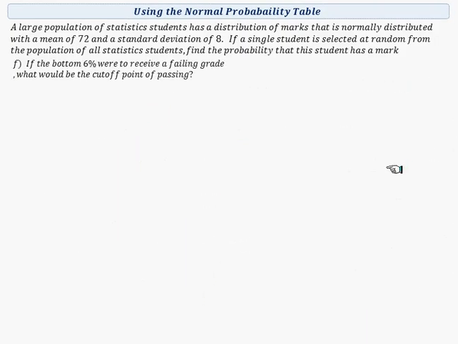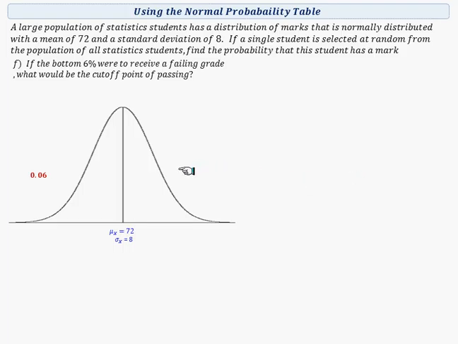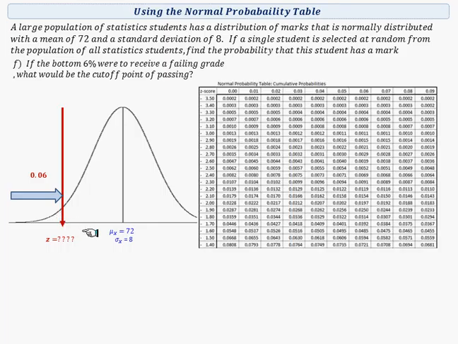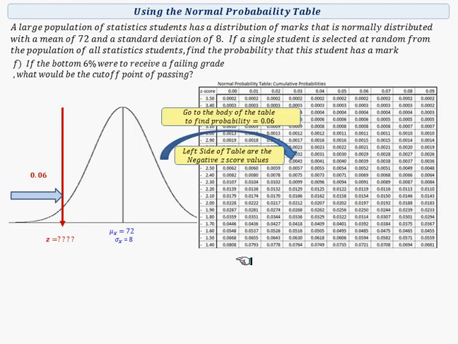Now we're going to just turn that around. Suppose under this scenario, this bottom 6% were to receive a failing grade. What will be the cutoff point for passing? Now, obviously, the area to the left of this red line is 0.06. Well, in this case, we go to the same table, but we go into the body of the table.